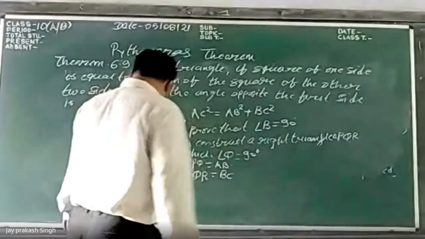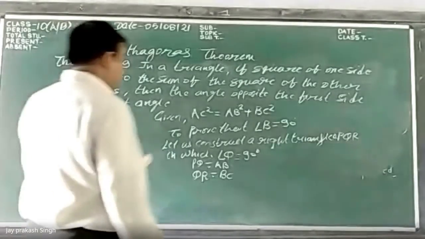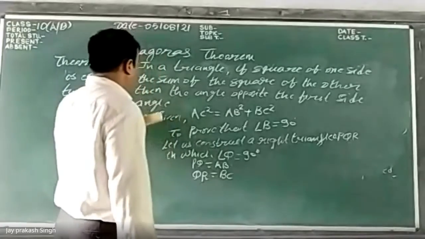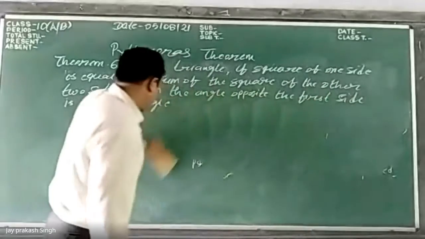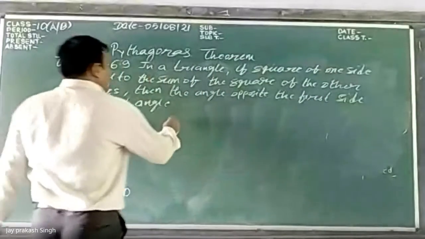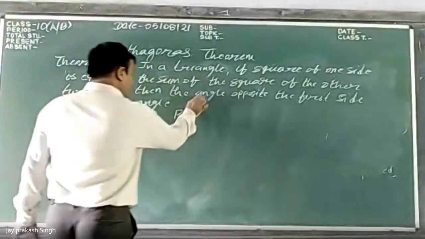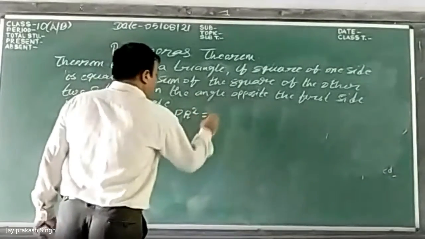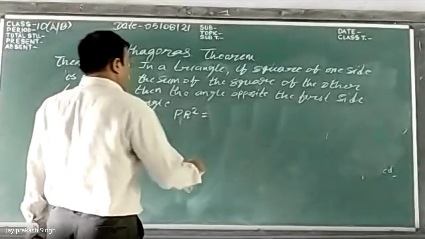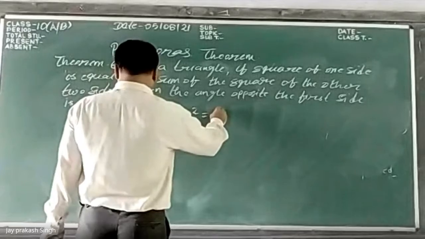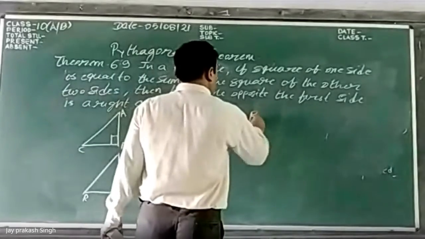So by Pythagoras theorem, as it is a right angle triangle, we can write PR square equals PQ square plus RQ square.